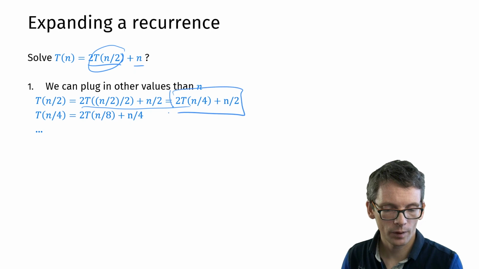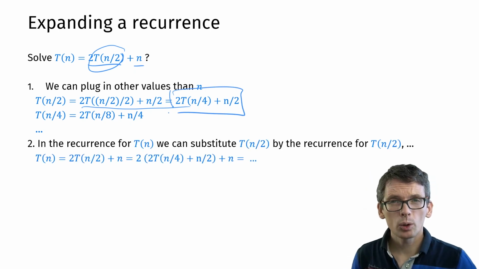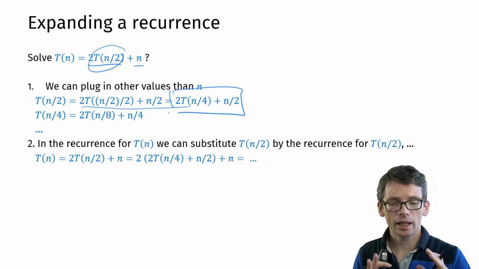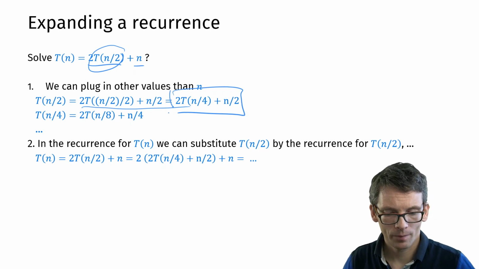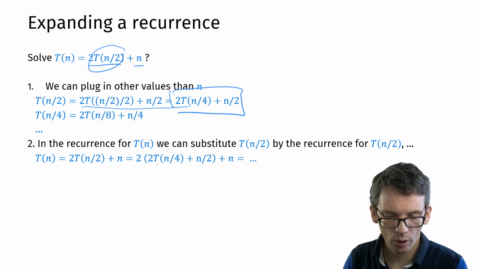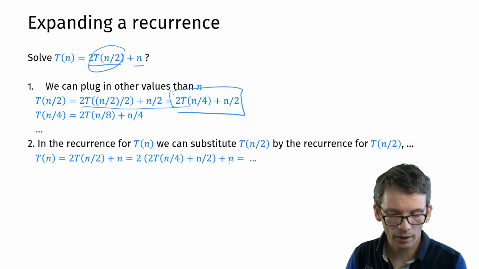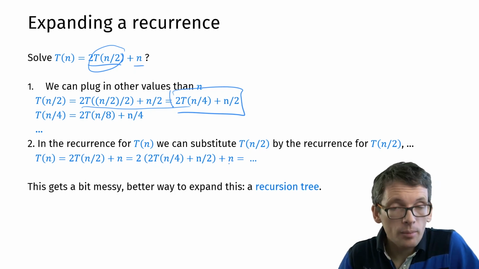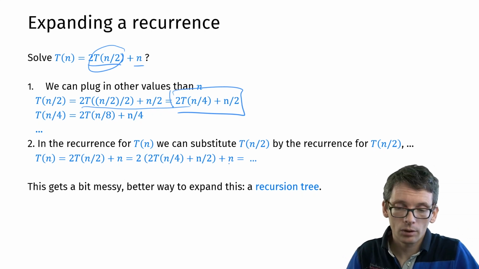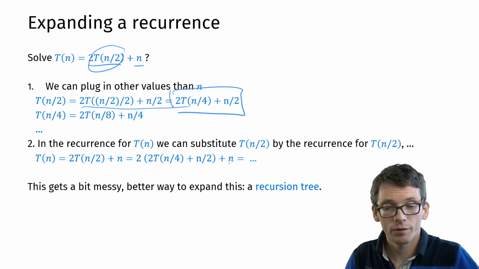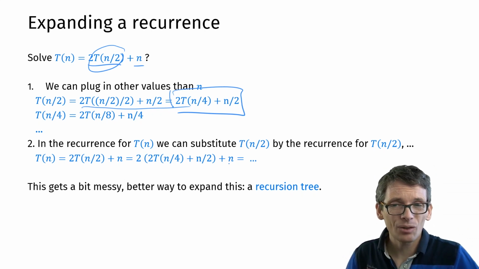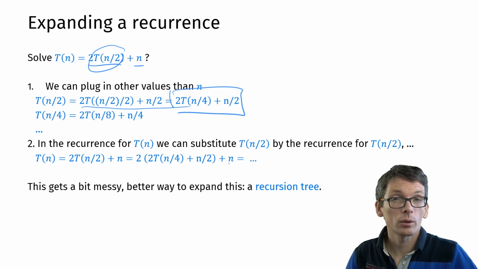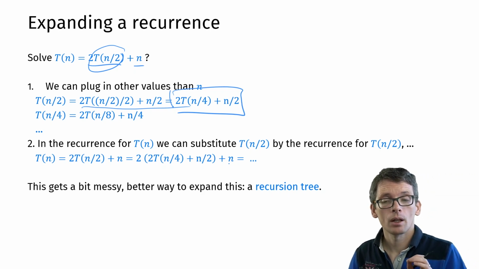But if we do so, things get a bit messy, because we have 2 times 2 of T of n quarter plus n half plus n. This can still be done, it's still fairly doable, but the better way of doing it is using recursion trees. And that's what we're going to look at next.